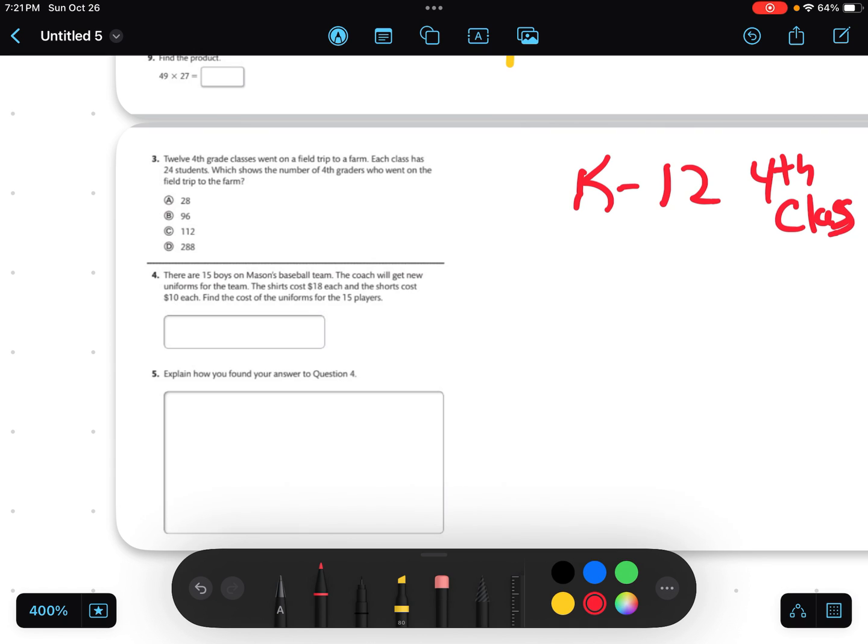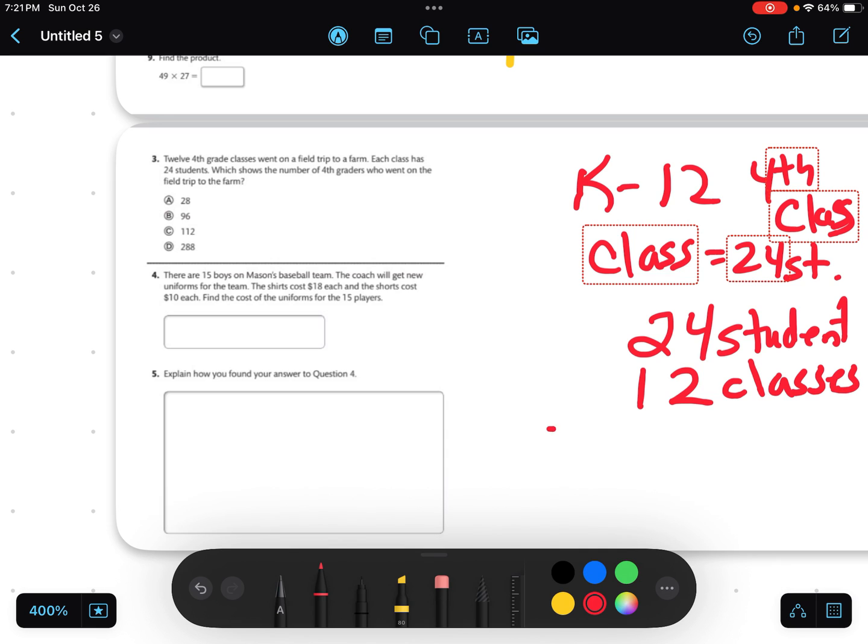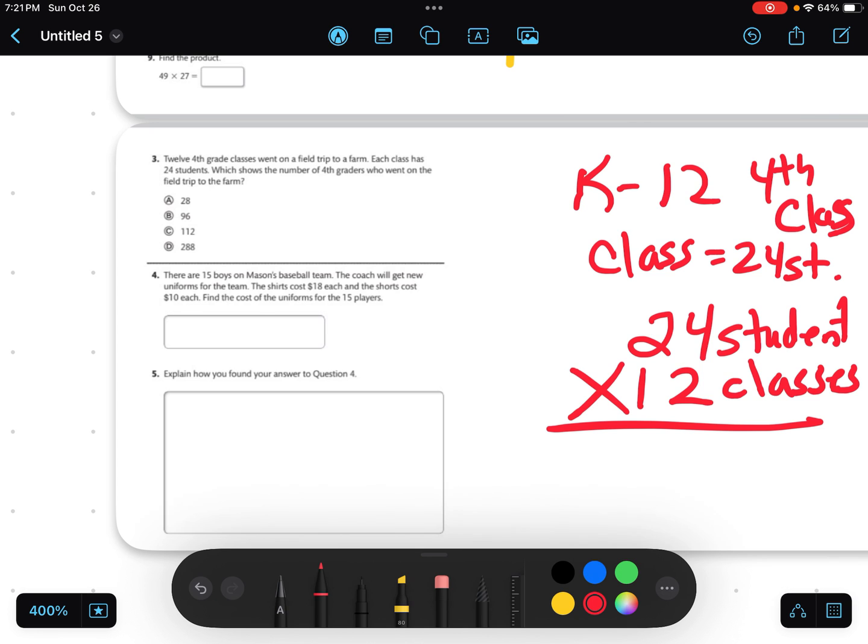Okay, so each class equals 24 students, which shows the number of fourth graders who went on the trip. So there's 12 classes altogether, 24 students in each class, 12 classes. So then we multiply that, which shows the number of fourth graders who went on the trip.